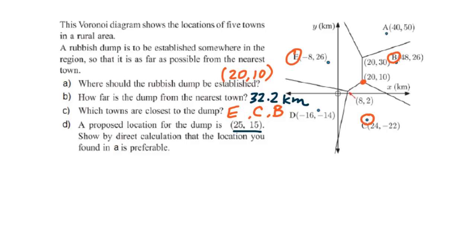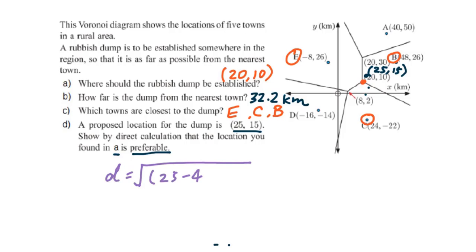Show by direct calculation that the location you found in A is preferable, since the distance between the proposed location and B is the square root of (25 minus 48) squared plus (15 minus 26) squared, equals 25.5 kilometers.